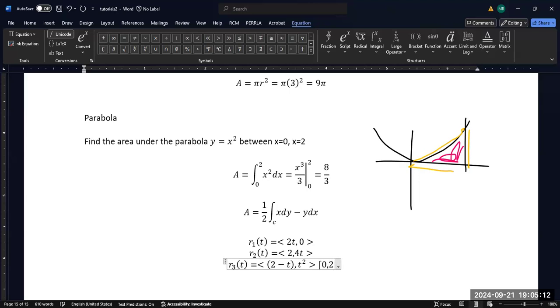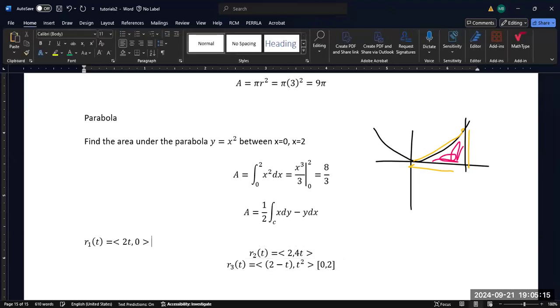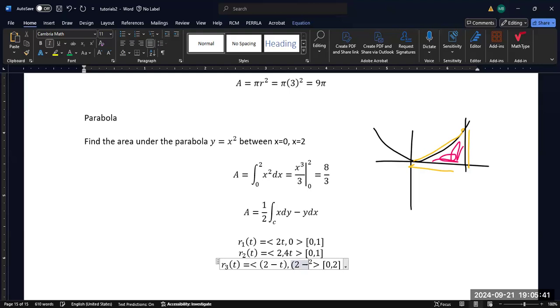This one will be on the interval 0 to 2. Yeah, so let's label these just so that we're remembering. So this one will be on 0 to 2. And then if this is my parameter, let me just double check the values. I want to start when t is, nope, I'm going to have to do 2 minus t. So when t is 0, I'm going to start at 4. And then when t is 2, I'm going to end up at 0, 0. Okay, so that's better. That makes me happier.